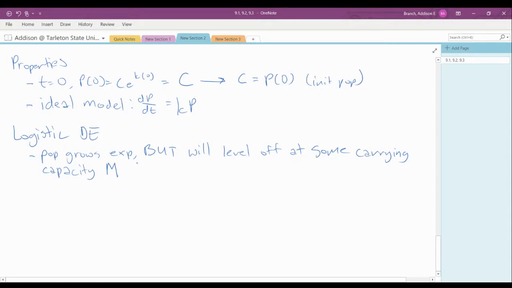And if we have a population that gets bigger than our carrying capacity, our population will have to shrink in order for resources and everything like that to maintain itself. So therefore, P may decrease if population is greater than our carrying capacity.